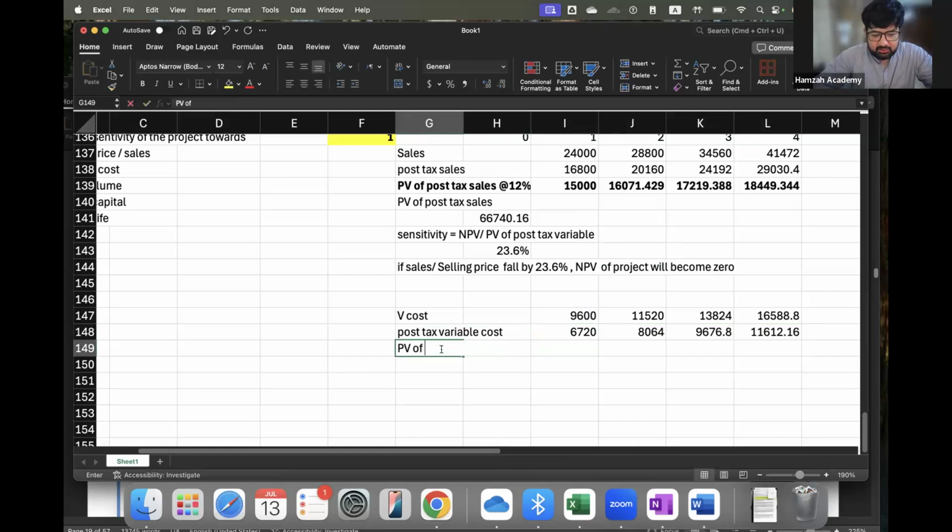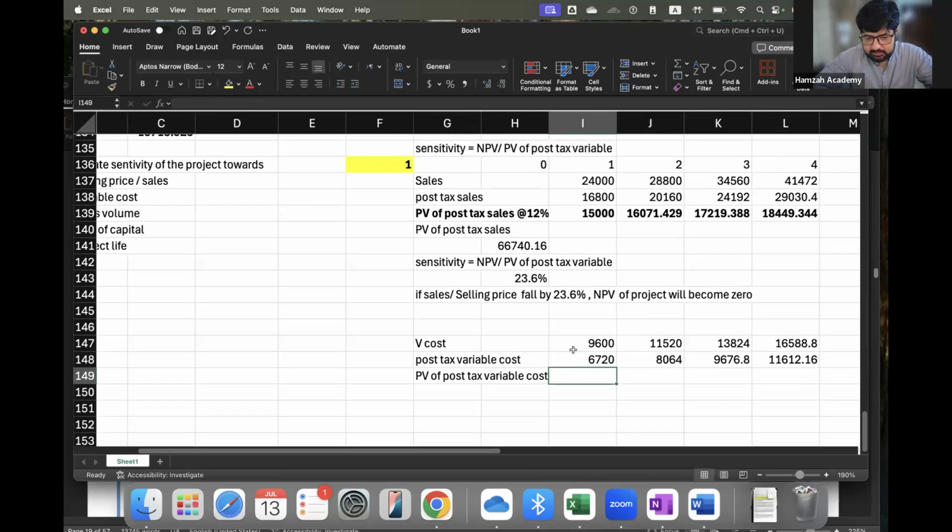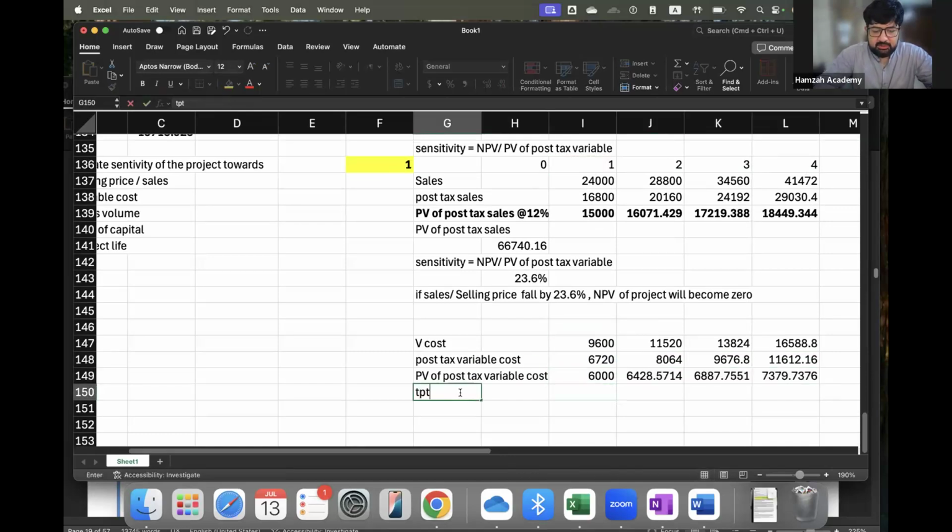So present value of post-tax variable cost equal to this into 1.12 raised to power minus. So total present value.